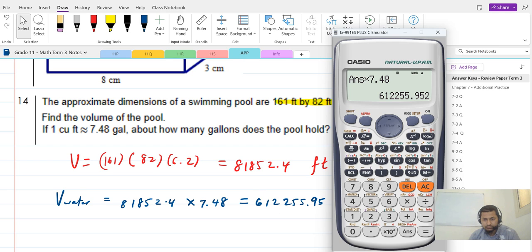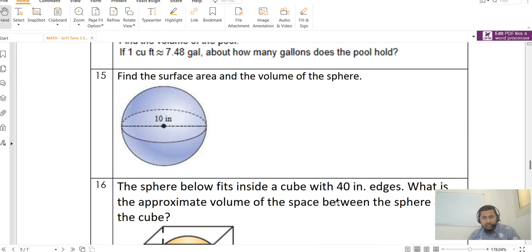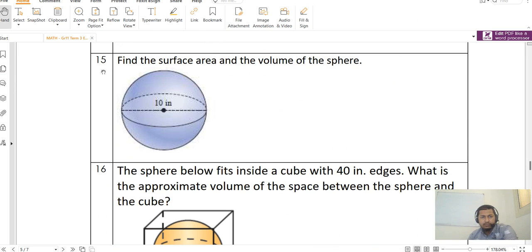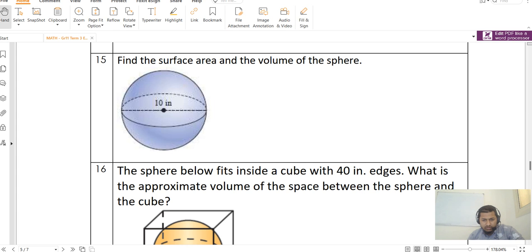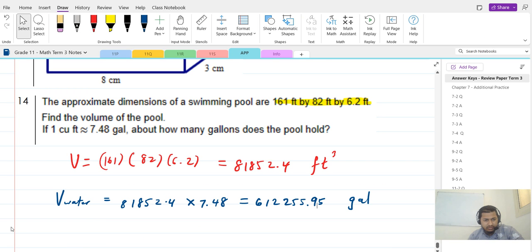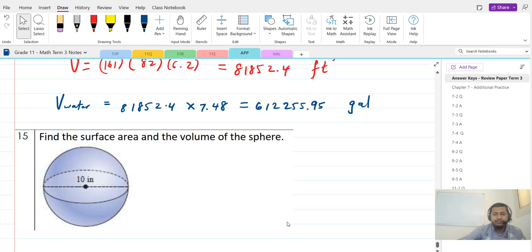Looking at number 15, surface area and volume of a sphere. What's the surface area of a sphere and volume of a sphere? Surface area is equal to 4 pi r squared. What's r?